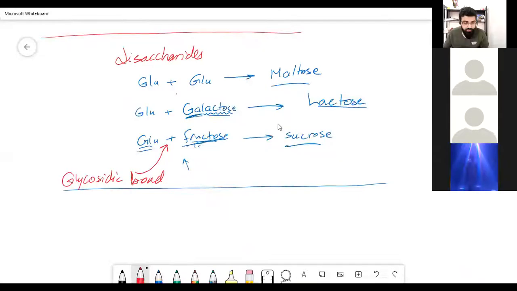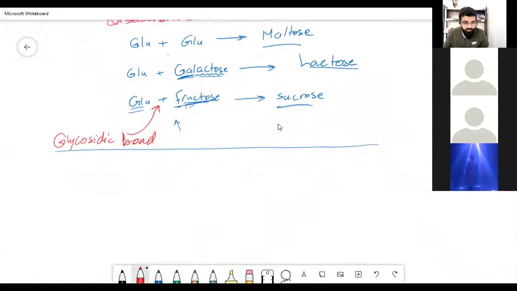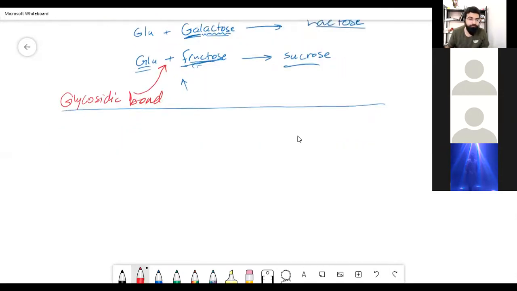And we talked about the type of reaction used to link two monomers together, in which we remove water or add water. Dehydration. The two monosaccharides link together by removal of H2O, and this is called dehydration synthesis, because synthesis means building a disaccharide from monomers.